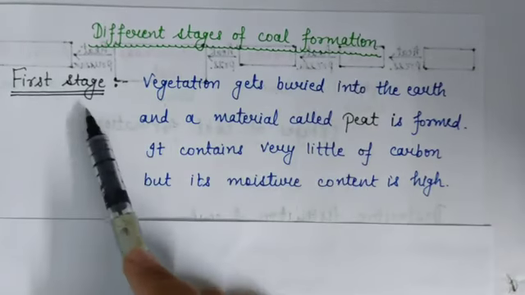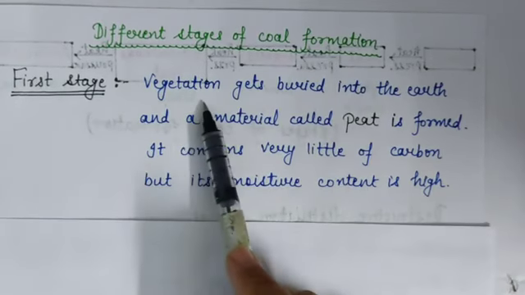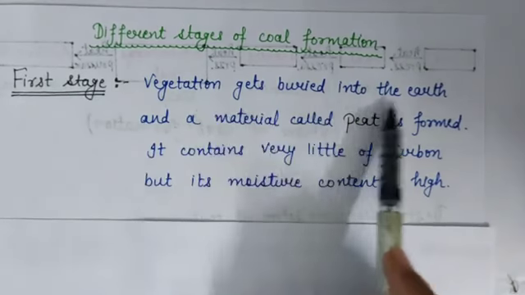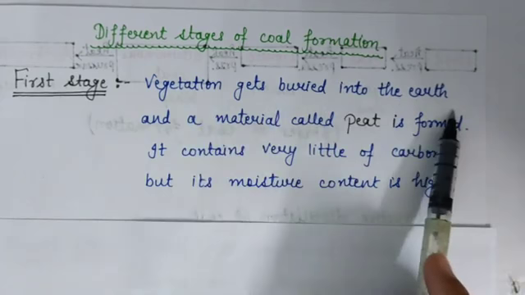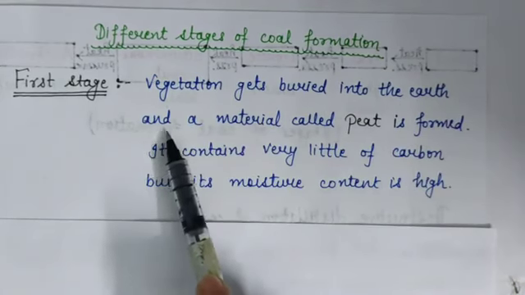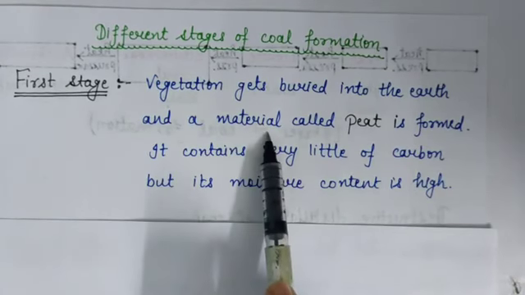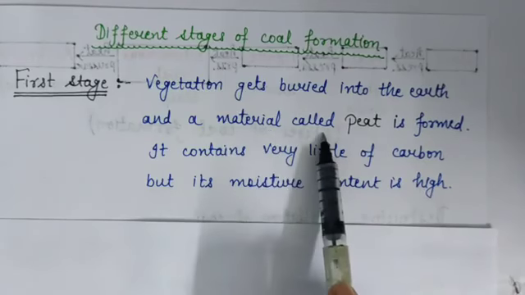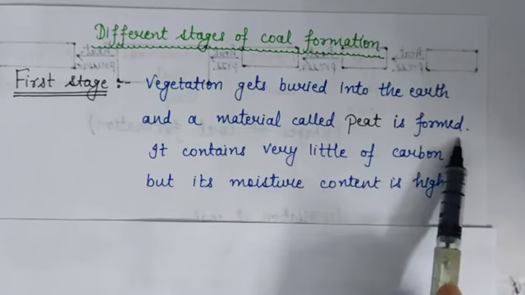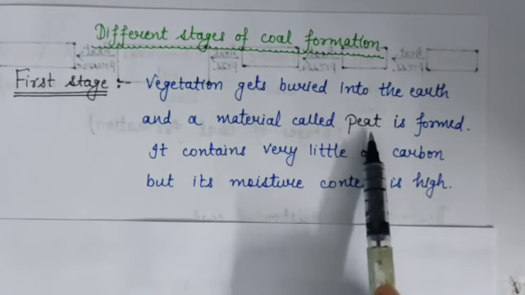First stage is when vegetation gets buried into the earth, when dead plants get buried into the earth, then a material is formed which is called peat. Now what is peat?